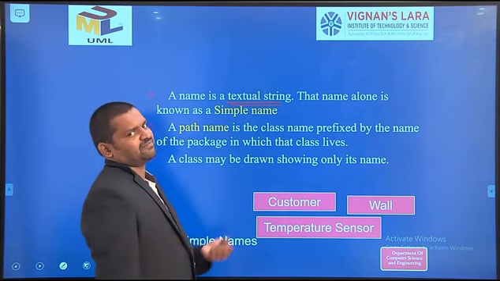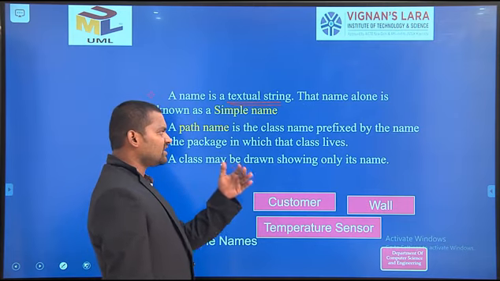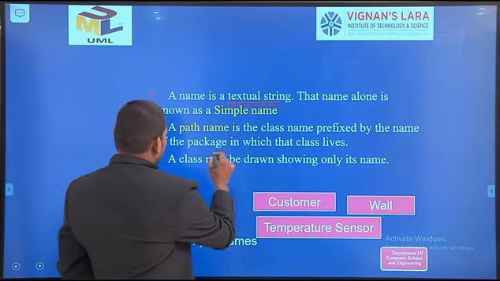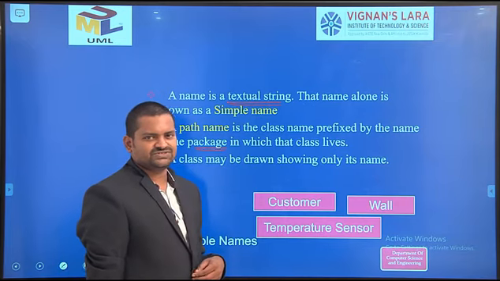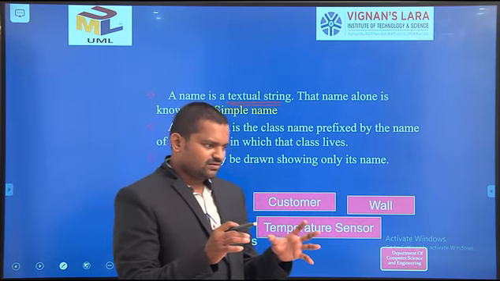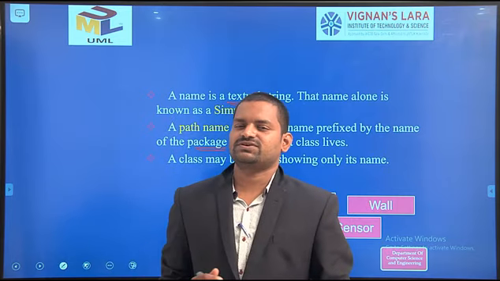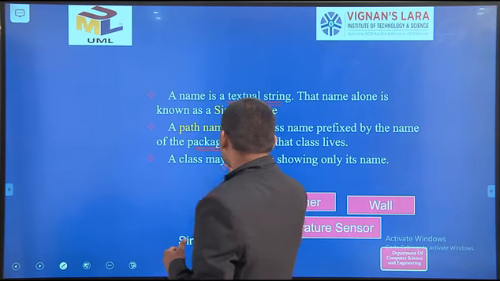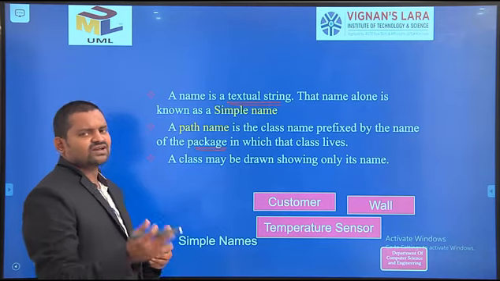What is a path name? A path name is another kind of name. A path name is the class name prefixed by the name of the package in which that class lives. The path name uses the scope resolution operator, which tells us in which package that particular class is available.